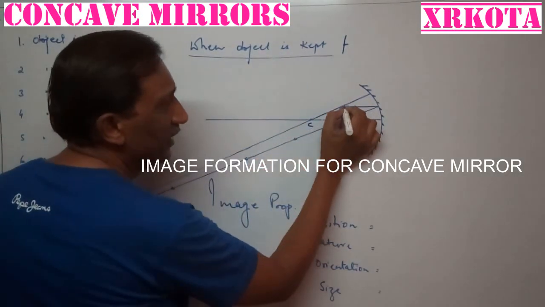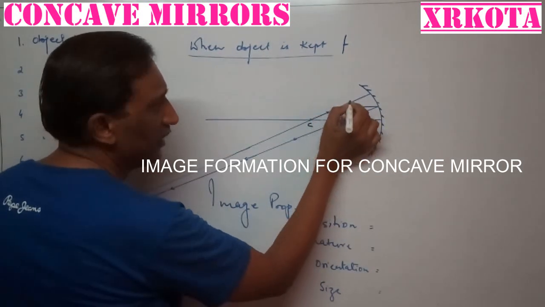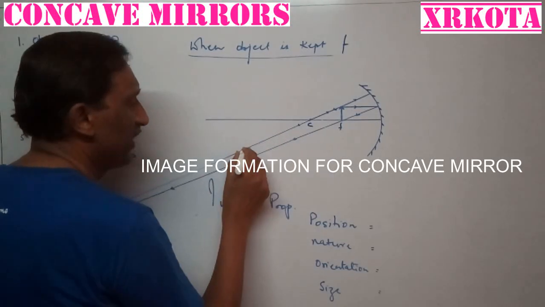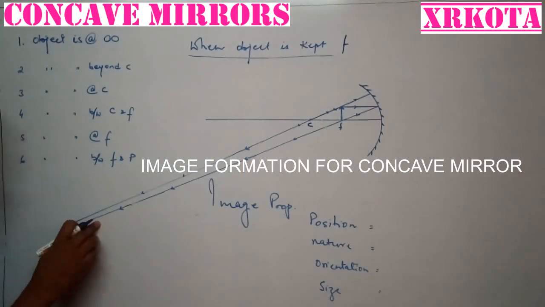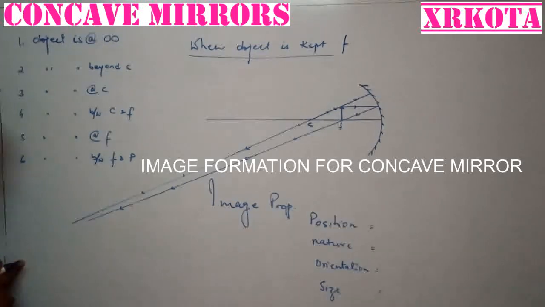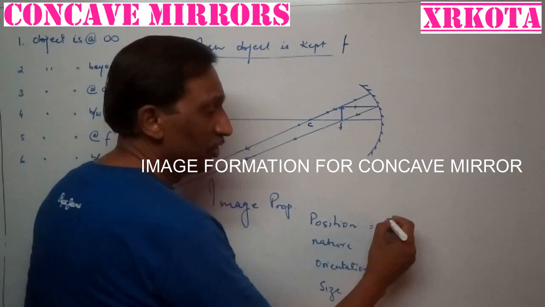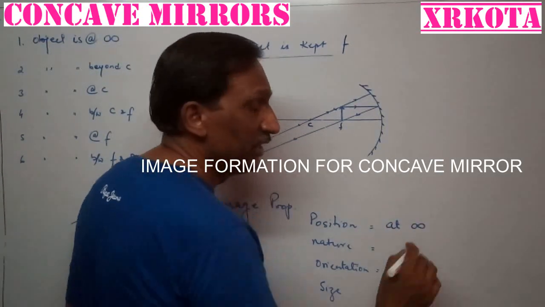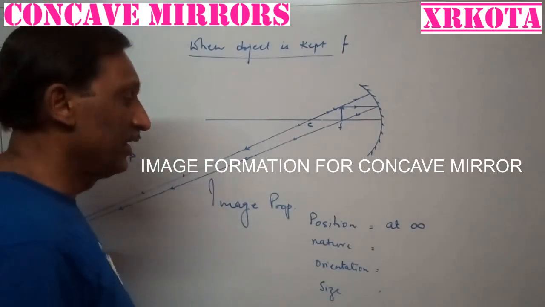A ray which is passing from the C after reflection comes back in the same direction and will go on. It will extend. Somewhere it will meet at infinity. So the position of the image is at infinity. Definitely it will meet, but it will meet at infinity.